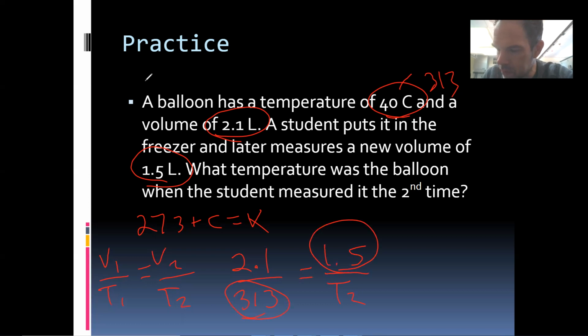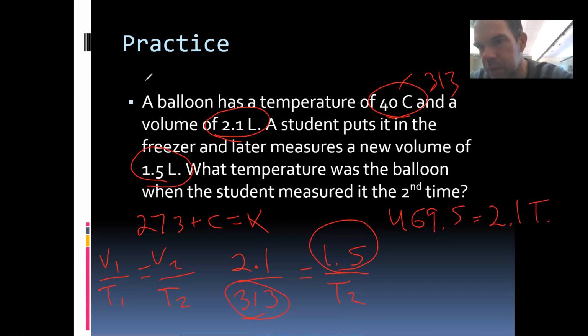So 313 times 1.5, and I'm getting 469.5. That's going to be equal to 2.1 times T2. So then you divide both sides by 2.1.